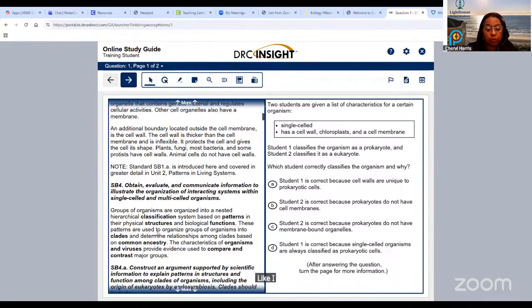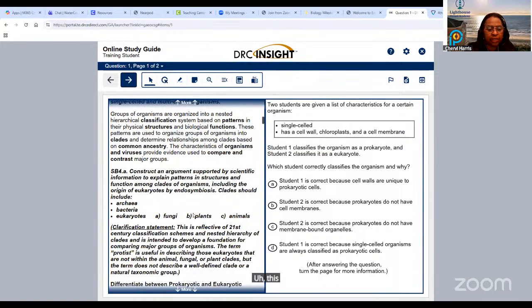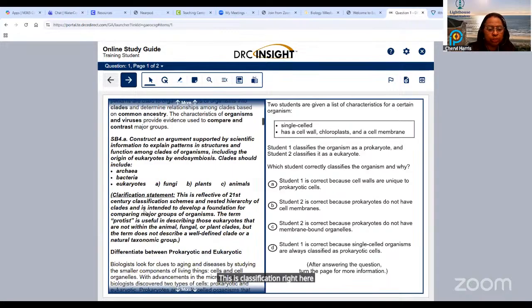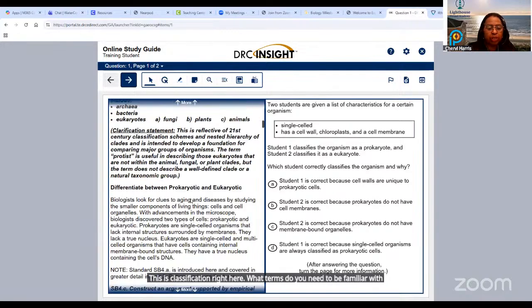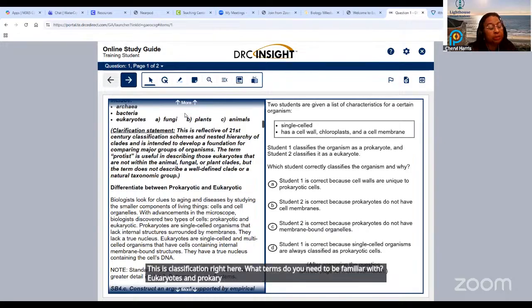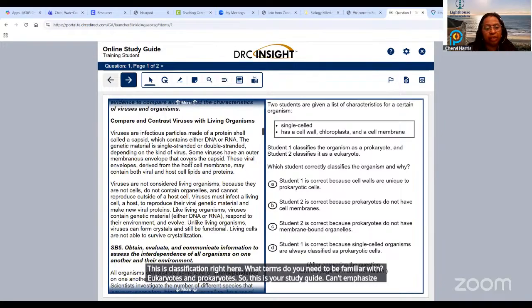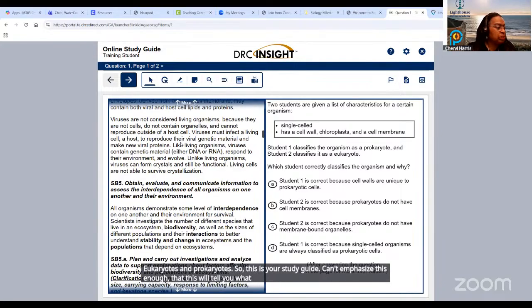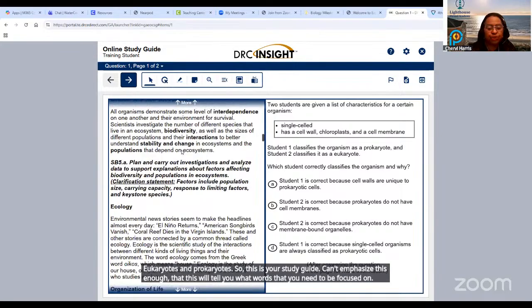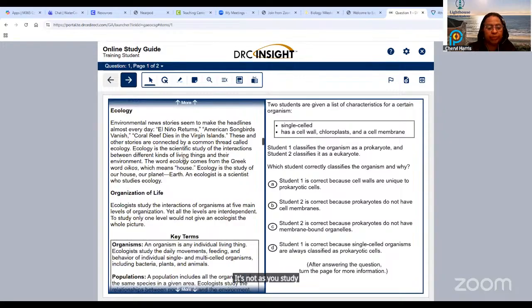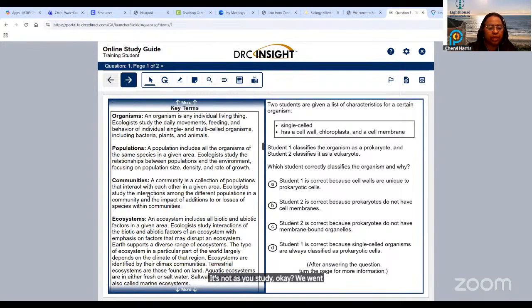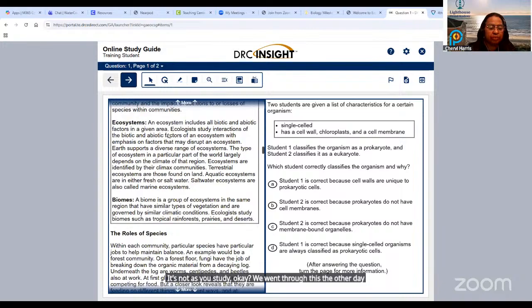Today you're working on structure and function of cells. This is classification right here. Terms you need to be familiar with: eukaryotes and prokaryotes. I can't emphasize enough that this will tell you what words you need to focus on as you study. We went through the classification of the ecosystem the other day.